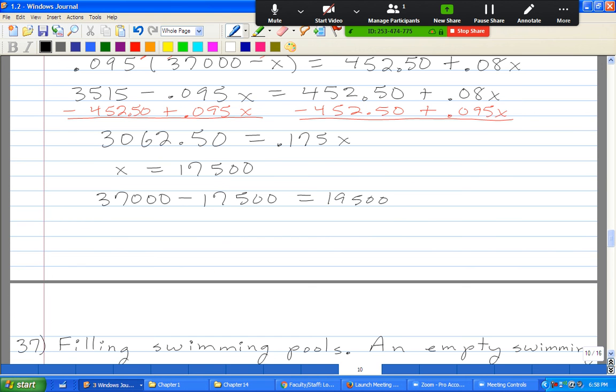So she should invest $17,500 at the 8.5% investment and $19,500 in the 9% investment.